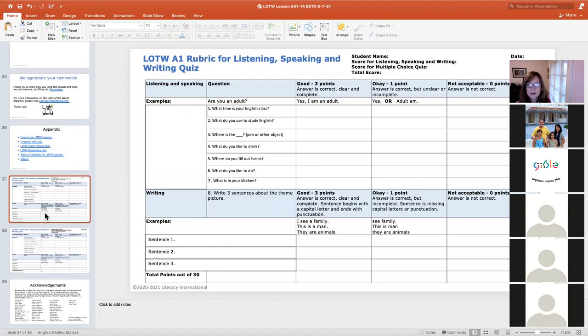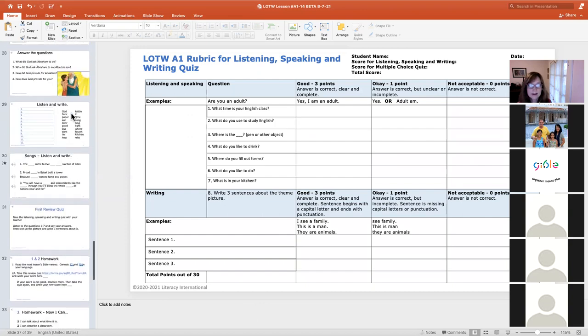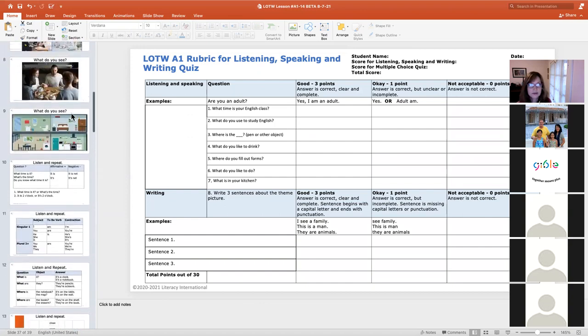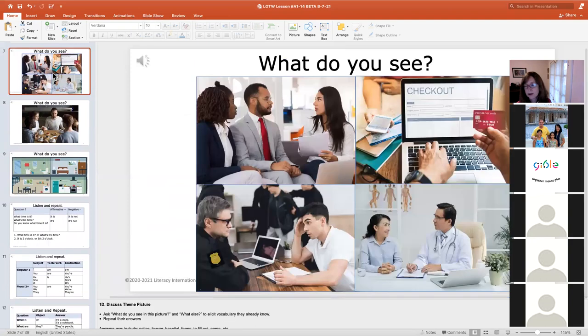Now the writing part, you could have them all do it simultaneously. So you could say, I'm doing the speaking and listening part with Kimberly, I'm going to ask the rest of you to write 3 sentences about this theme picture.